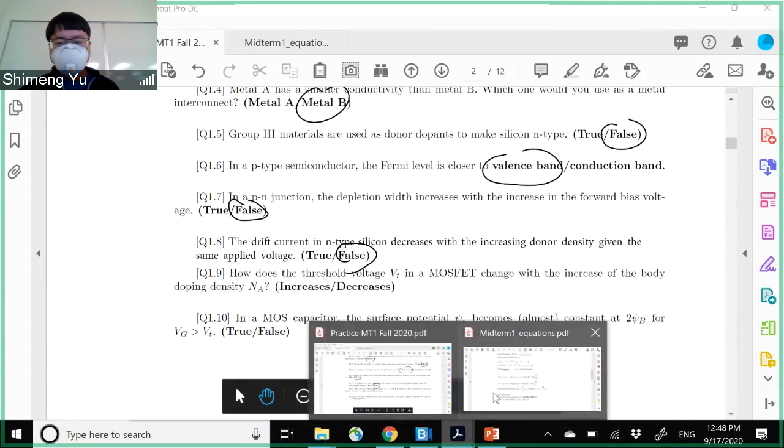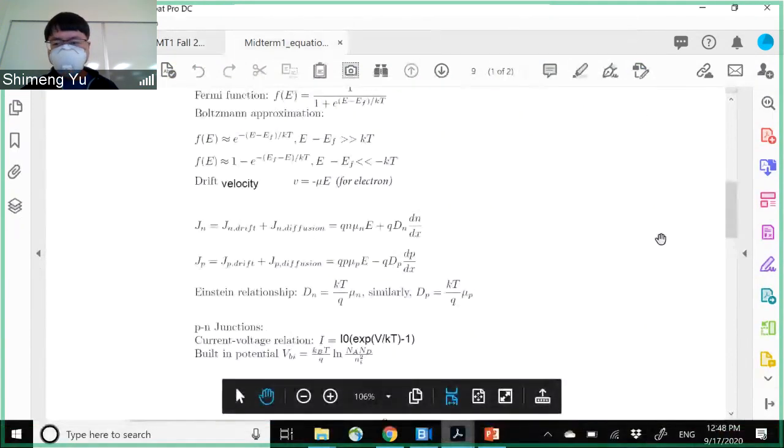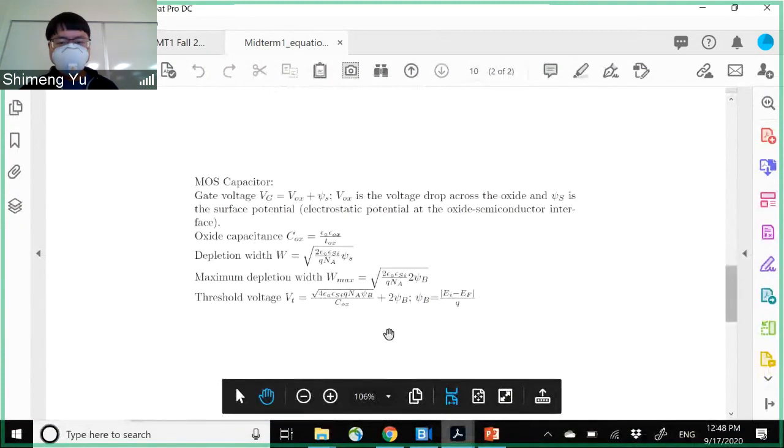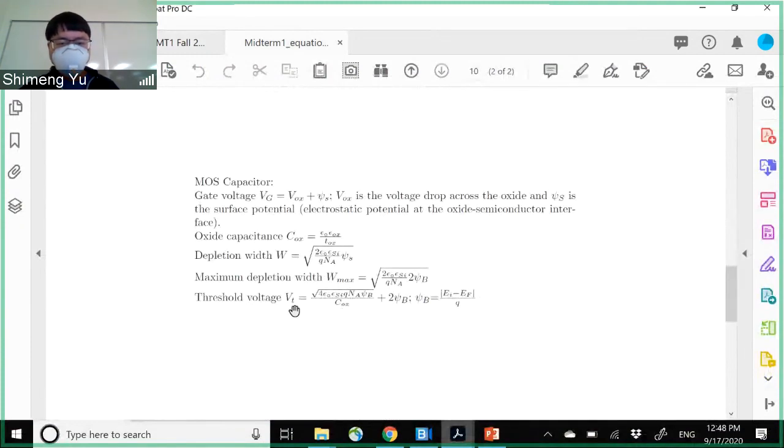You can always go to, if you like the equations, then you can always go to this sheet. You see here, threshold voltage, right? We derived this in class. First has a square root term, and then 2 phi b. So in the square root, we have Na here. So if Na increase, then Vt increase. And also the phi b depends on Na actually.